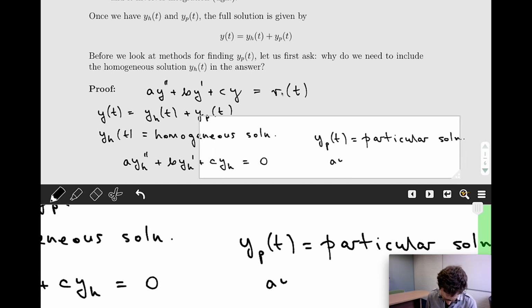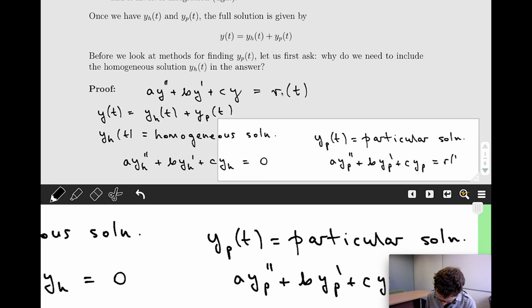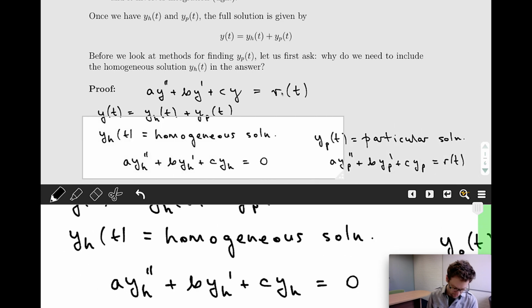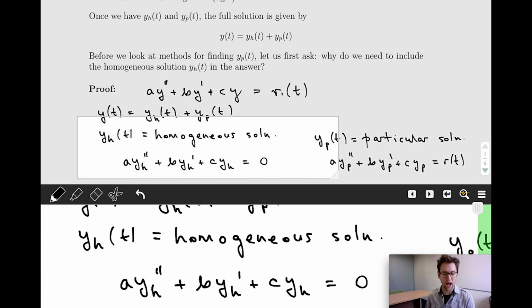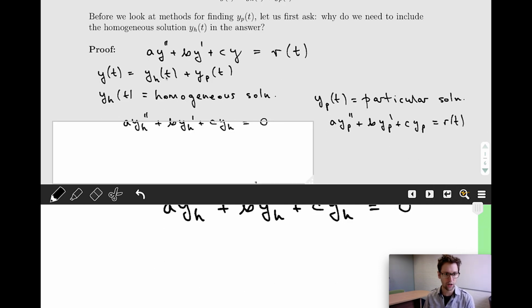That is, it solves the non-homogeneous equation. So with the right-hand side. But the first thing we need to do is to show why I need to include that homogeneous piece. Why do I have to include y subscript h in my full solution?